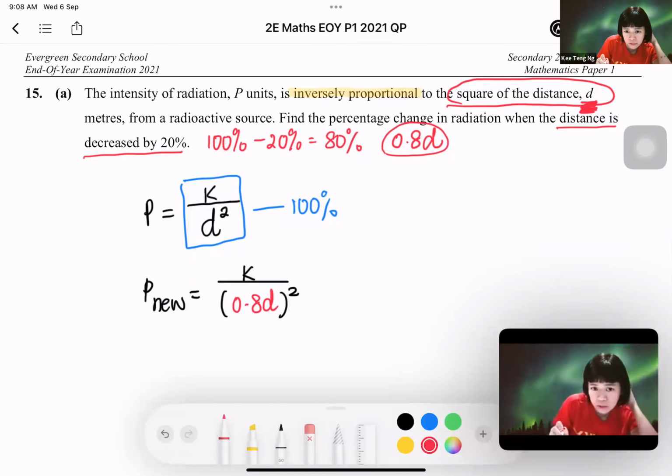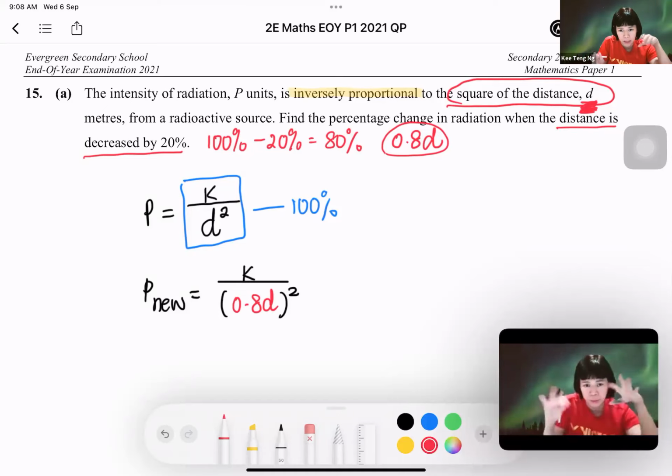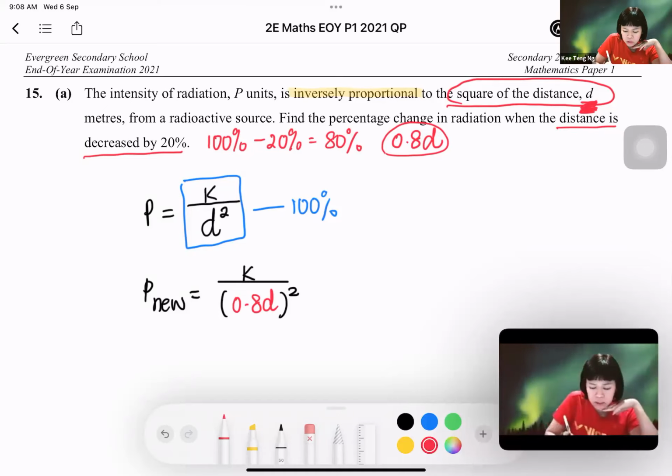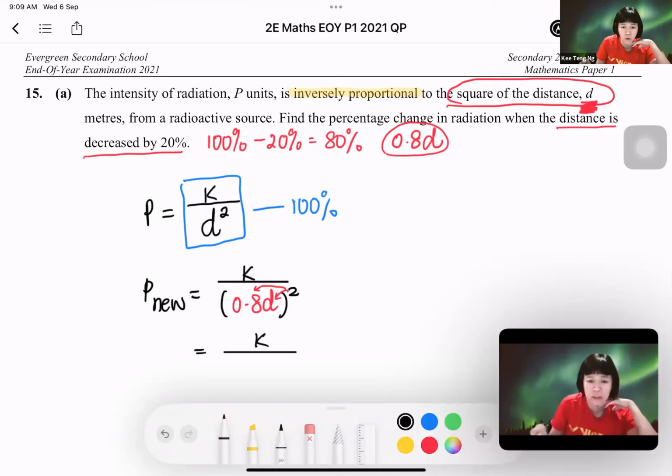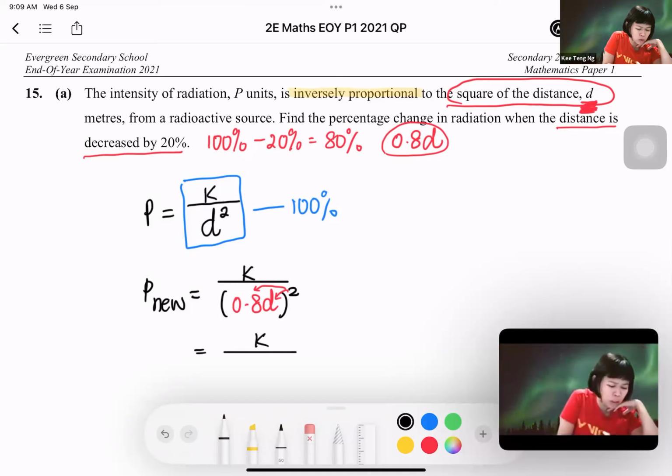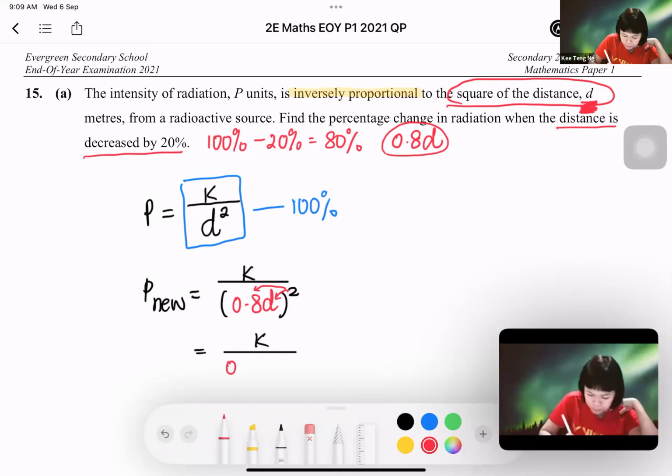Okay, this step very important. Remember to put brackets, whole thing squared. So next, you need to square the number 0.8, you square D. So in that case, we get K over 0.8 whole thing squared will give you 0.64. Then the other one is just D squared.